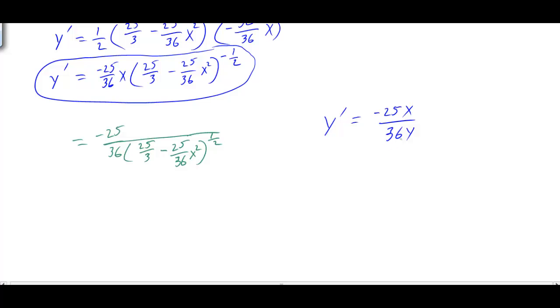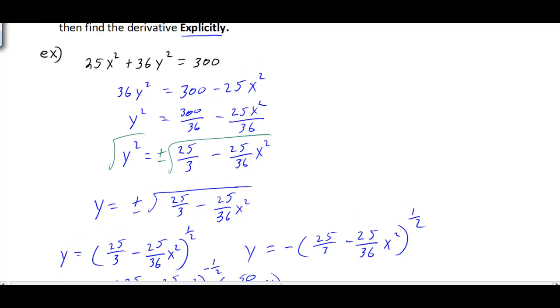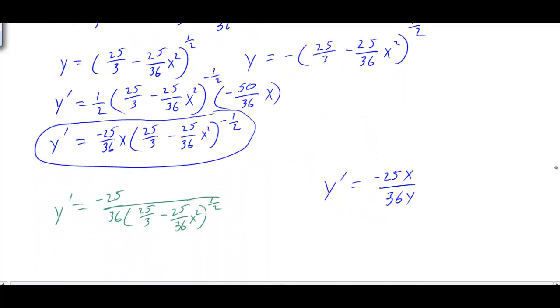And you're thinking, well, that still doesn't look anything like a negative 25x over 36y. Well, recall over here, we took the derivative explicitly, so our terms are all in terms of x. And over here we have x and y. Well, if we go back up here, what does y equal? Well, we solved earlier, y is equal to the 25 thirds minus 25 over 36 x squared to the 1/2 power.